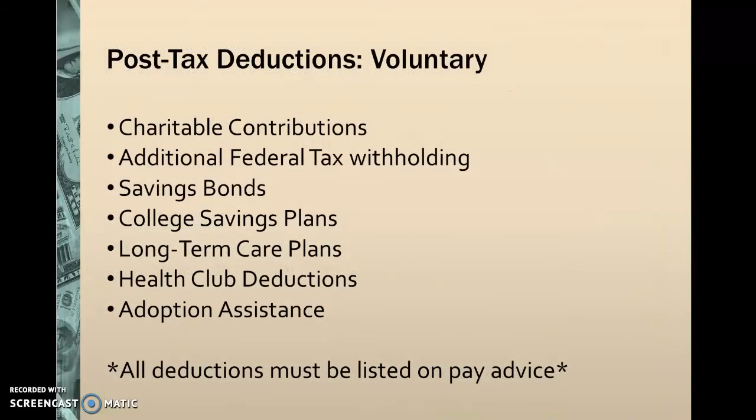Some post-voluntary deductions that employees can participate in could be charitable contributions, additional tax withholdings, savings bonds, college saving plans, long-term care plans, maybe health care deduction or health club deductions, and all deductions must be listed on your pay stub in order to have each employee aware what is being deducted off their payroll checks. Okay, and that is covered on page 127 in your book.